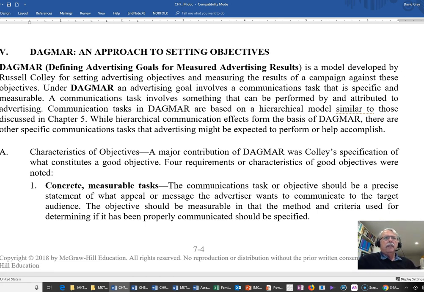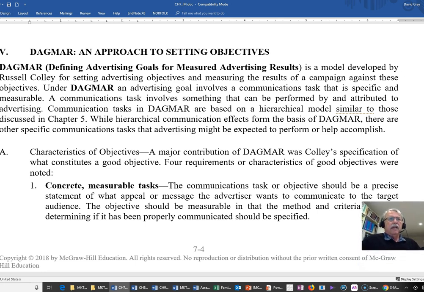You want concrete, measurable tasks. So you need a precise statement of what appeal or message the advertiser or promoter wants to communicate to the target audience. This is absolutely critical. If you can't measure it, you can't analyse and evaluate the results.